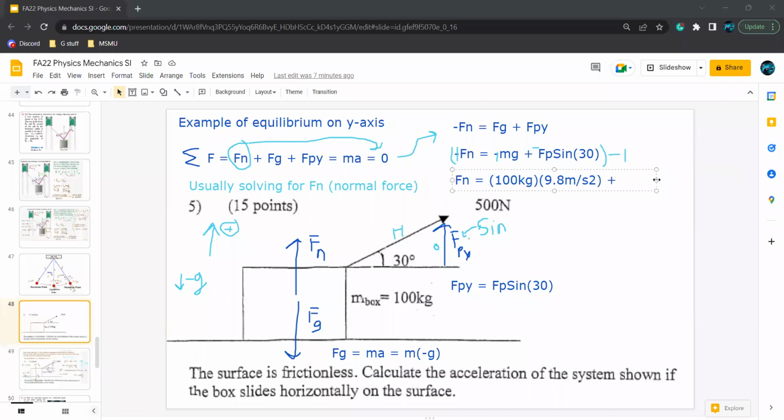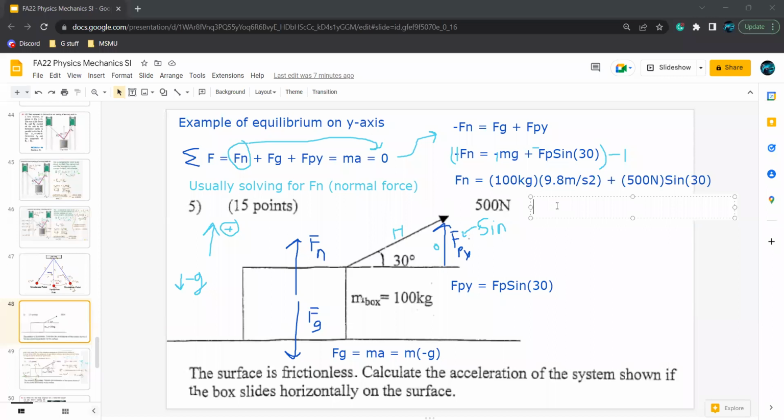F of P, and you stretch this out, is 500 newtons. Sine, parentheses around this, 30.